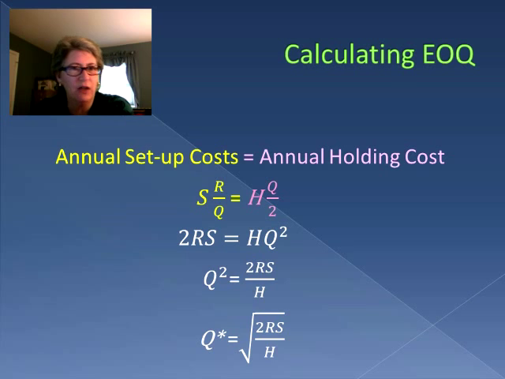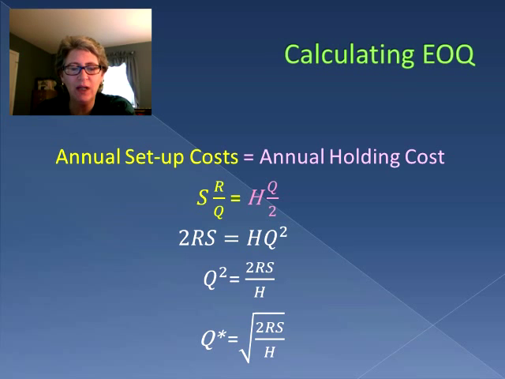We take our setup costs, which is our ordering costs, and set it equal to our annual holding cost, and we do some basic algebra to determine the quantity. We end up with our quantity equaling the square root of 2 times R, which is our annual demand, our annual throughput rate, times S, which is the setup cost, divided by our holding cost, H. We use an asterisk next to Q to indicate that we got this value by using the economic order quantity calculation.